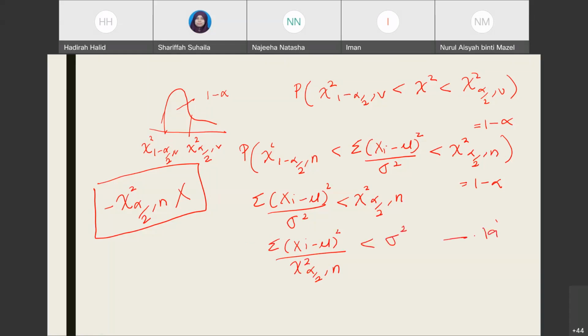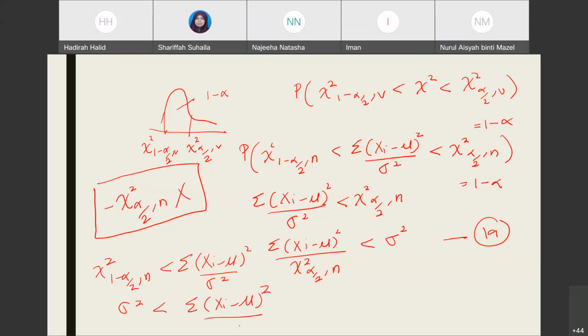Let's call this 1a. Same thing, we take the other one: chi-square 1 minus alpha over 2, n, less than summation xi minus mu square over sigma square. So sigma square is less than summation xi minus mu square over chi-square 1 minus alpha over 2, n. Let's call this 1b.